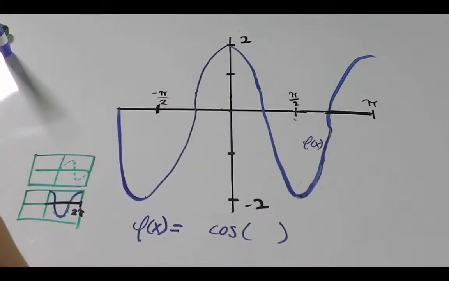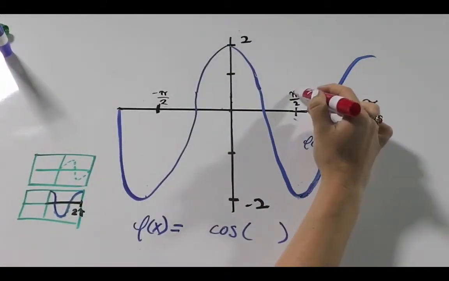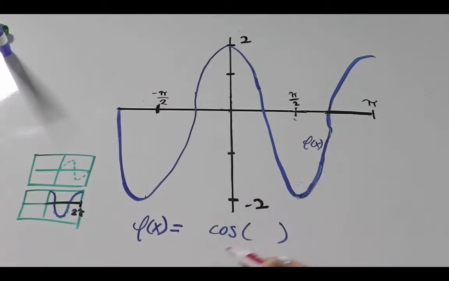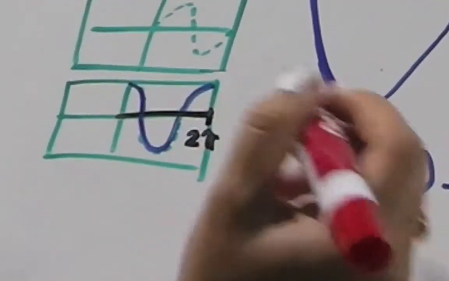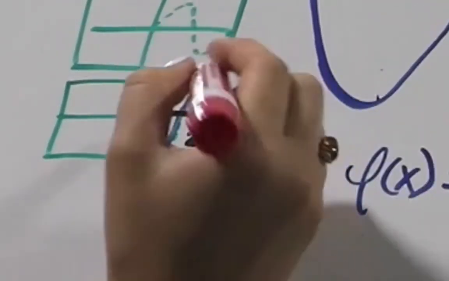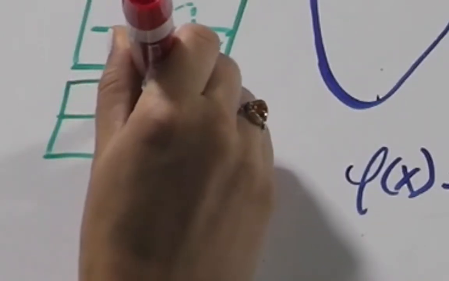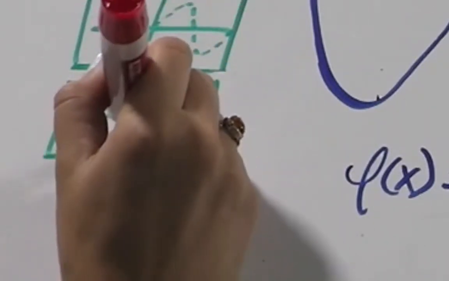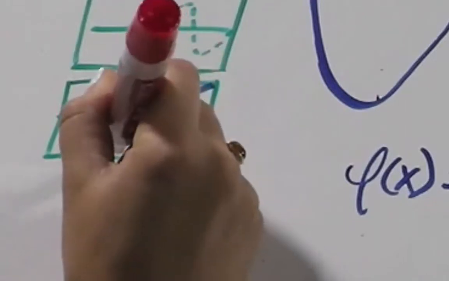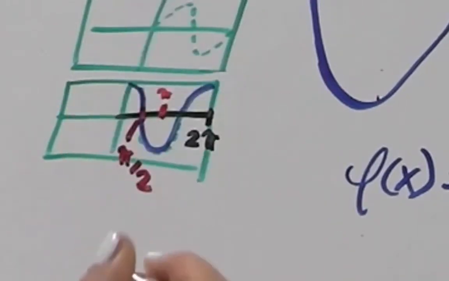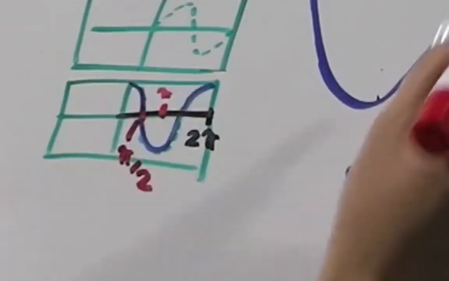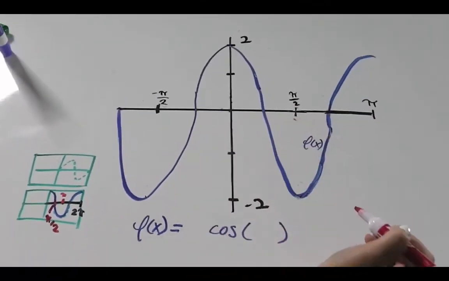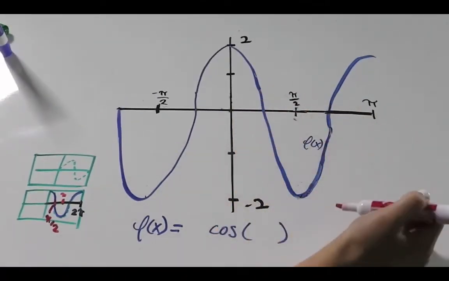If we were to plug in some value of x, say x is equal to a half, into a regular cosine function, that would get us to where? Well, here's pi, so half pi is right there. That is pi over 2. It takes us a quarter of the way through. But in our function, it takes us halfway through a cycle.